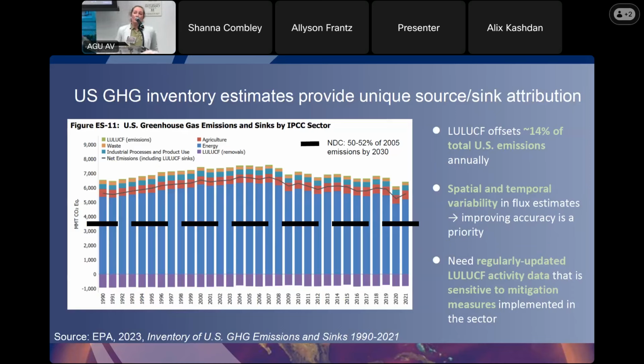And so with these activity-based approaches to building a greenhouse gas inventory, the greenhouse gas inventory has a unique strength in its ability to attribute emissions and removals specifically to these biological fluxes, to specific sources, and to specific spatial scales. So this is a graph that shows US emissions across the entire time series that are reported to the UN.